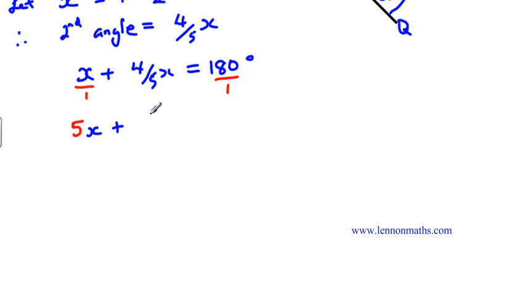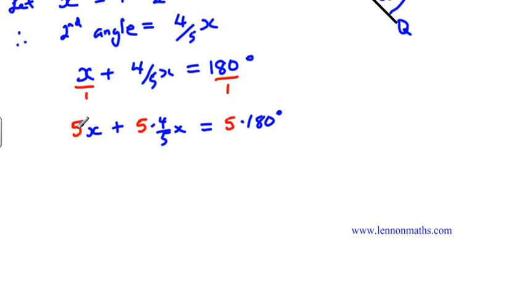Plus the same 5 again multiplied by what I have in the next term, which is 4/5 of x, which is equal to multiplying 5 again by 180.